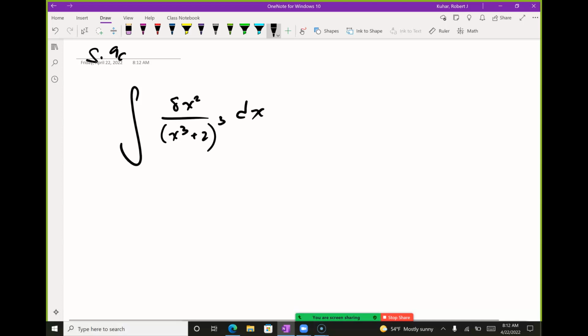And again, there's nothing wrong with trying a method and it failing. It's a good thing to have happen to you. So u is going to be x cubed plus 2, clear inside, right? And what's du? Du will be 3x squared dx.